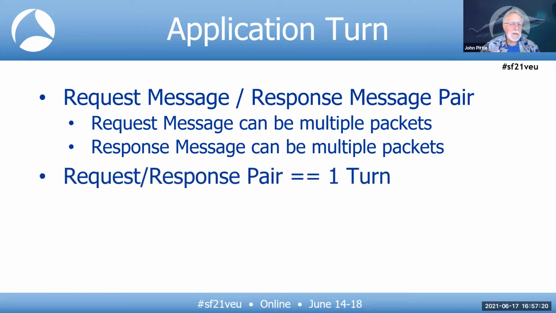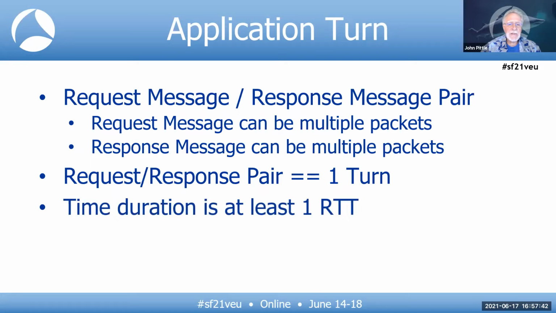So the two together, the request going out, the response going back, is one turn. The request message could be multiple packets. If you think of an HTTP POST with a lot of payload, that could indeed be multiple packets. And the response that comes back might only be one packet, or it could be multiple, but it's one turn. And the key is that for every turn you have, the duration is at least one round trip time. There's no way around it.